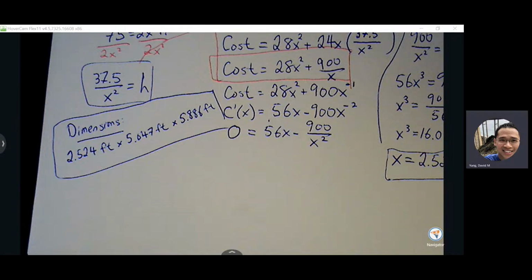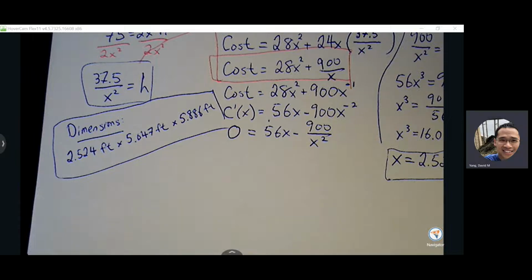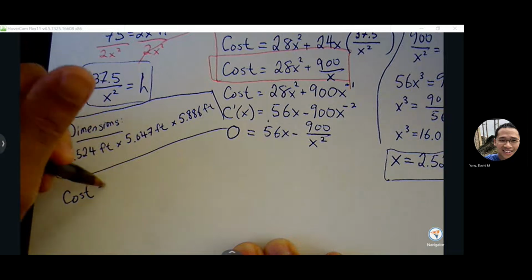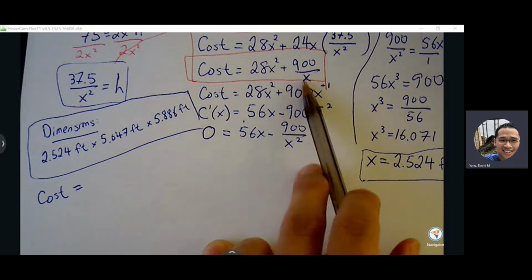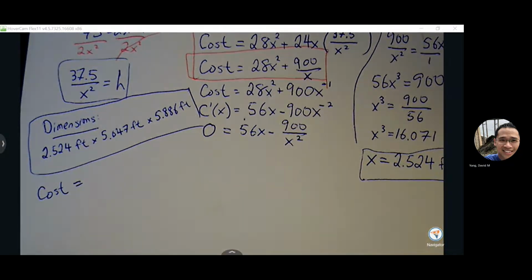There's a lot of different ways that three numbers can multiply to be 75, but this is the one that we want to choose because we know this is going to be the most cost efficient. Okay, so now we can find the minimum cost. If I insert the 2.524 into my cost equation, it's how much money that we'll be spending to create this box per box.